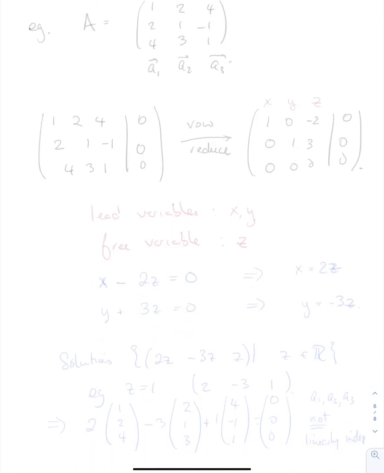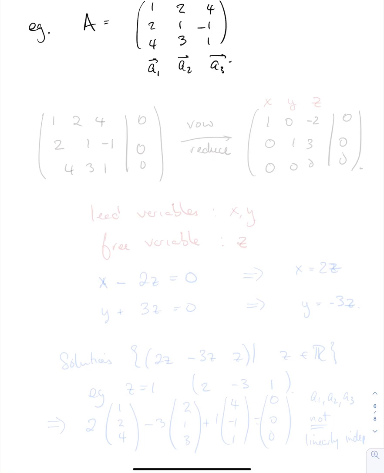Let's do another example. A is equal to this matrix, rows (1, 2, 4), (2, 1, 3), (4, -1, 1). This is going to be the column vectors A_1, A_2, and A_3. How am I going to find out if these columns are linearly independent or linearly dependent?